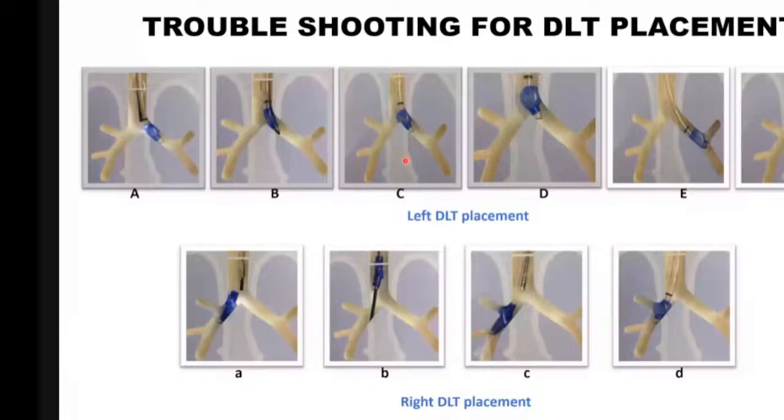Because the patient position changes, every chance that this cuff is of the left main bronchus. It's in this scenario, but left lung ventilation, during the left lung isolation, there will be concentric and isolation.